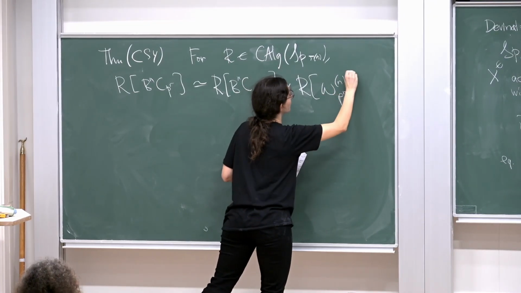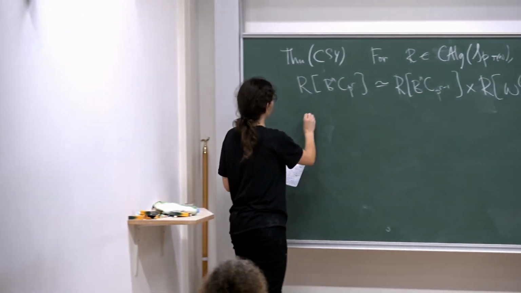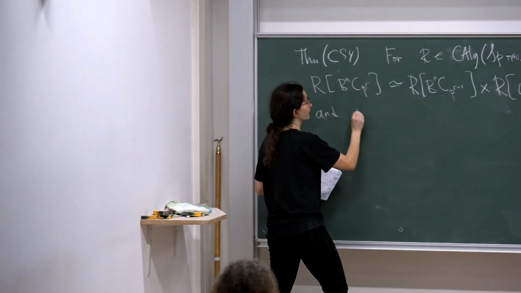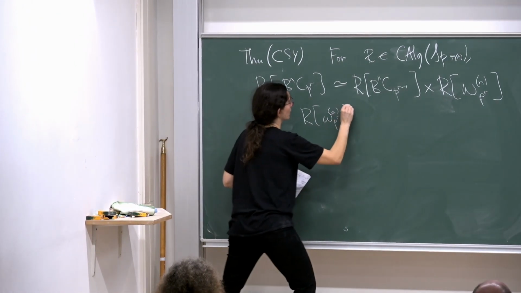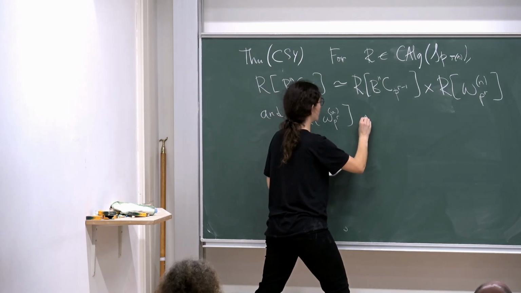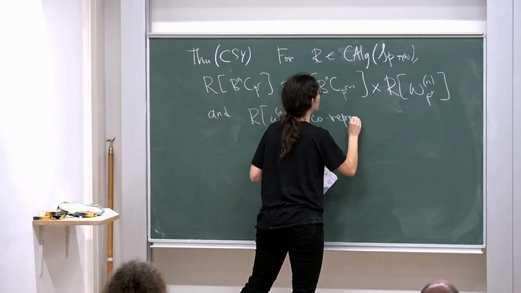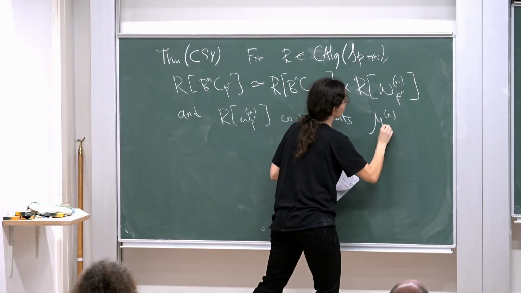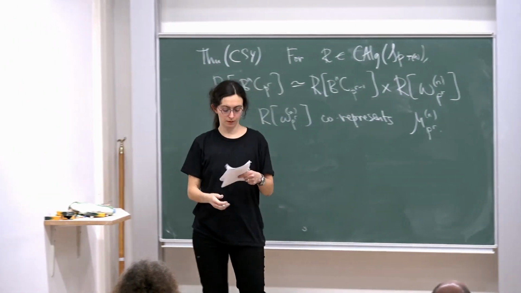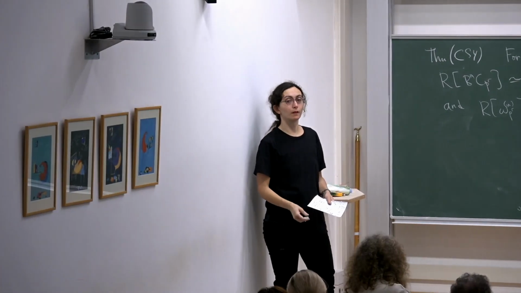These are higher roots of unity, and this ring represents or co-represents mu n p to the r.